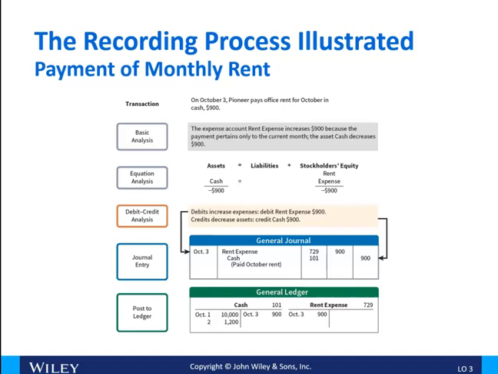So we debit the expense, we increase the expense. We're going to show rent expense debit $900. Since we paid cash for it, we're going to decrease that asset cash. We do that with the credit. And then we post it to the ledger.